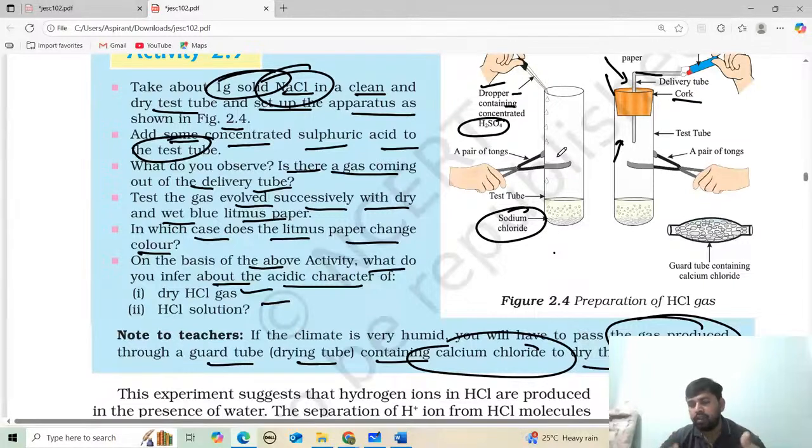In this activity, first we need to pass the dry HCl gas through the dry litmus paper.